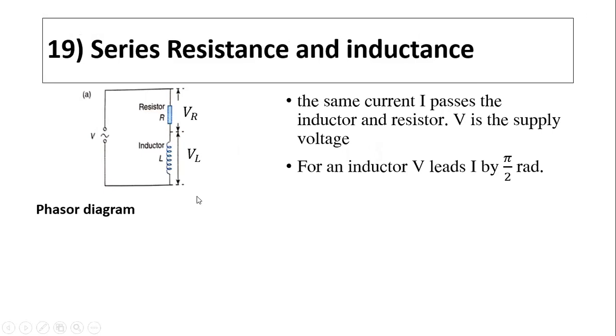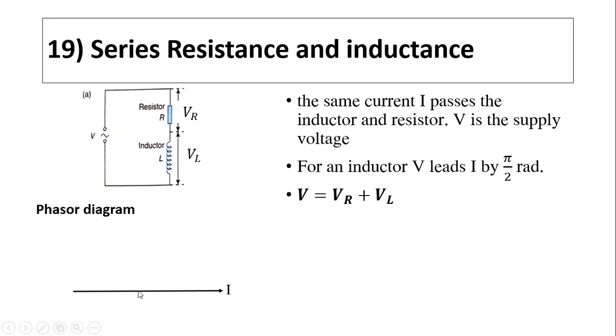And remember for an inductor, your V leads I by pi over 2 radian. You can think of that resistor as in DC, so we add VR plus VL. But because of this phase difference, we cannot add like normal, because the vectors are not parallel. The vectors are at an angle, 90 degrees.